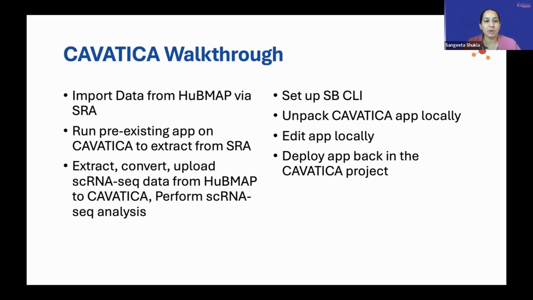All of that we are going to look at in just a moment, but these are the general steps of what we're going to walk through using Cavatica and the HuBMAP data resource hub.